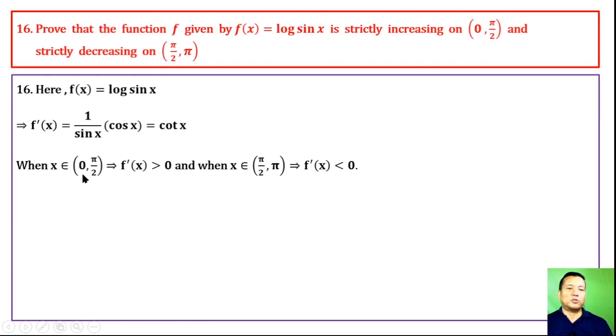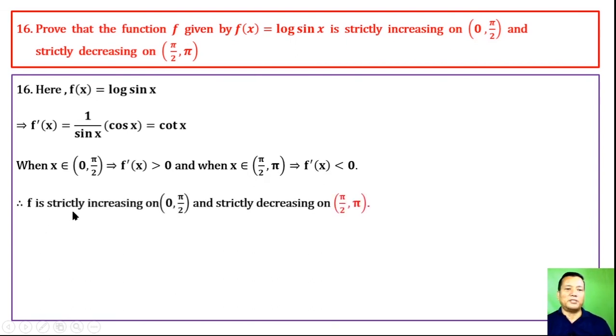When x belongs to the open interval 0, pi by 2, then f dash x is cot of an acute angle, which is always positive. Therefore, f dash x is greater than 0. When x belongs to this interval with obtuse angles, f dash x is less than 0. That is, cot of an obtuse angle is negative. Therefore, f dash x is less than 0. Therefore, f is strictly increasing on the first open interval and strictly decreasing on this interval. Hence proved.